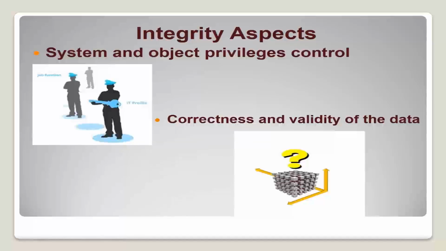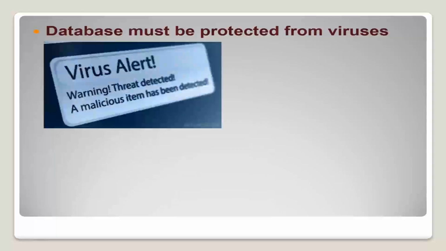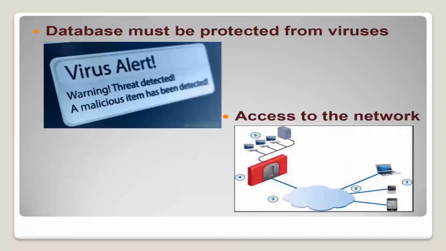Third aspect is that the database must be protected from viruses, so firewalls and antiviruses should be used. Last aspect is to ensure that the access to the network is controlled and the data is not vulnerable to attacks during transmission across the network.